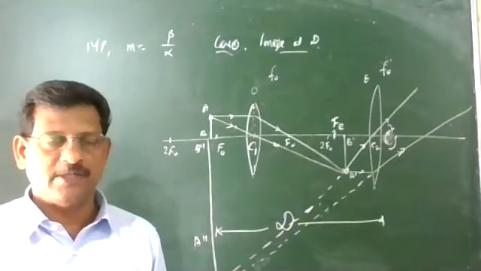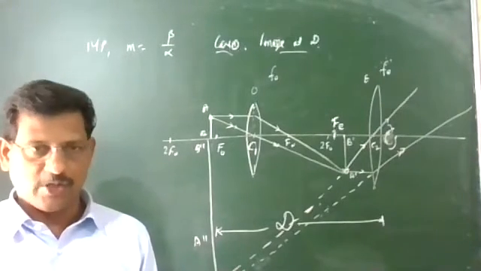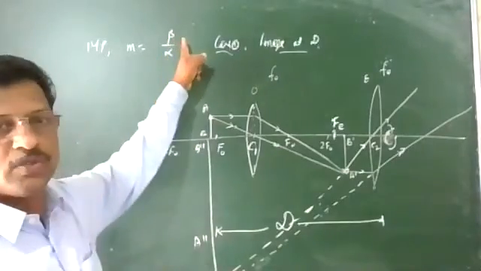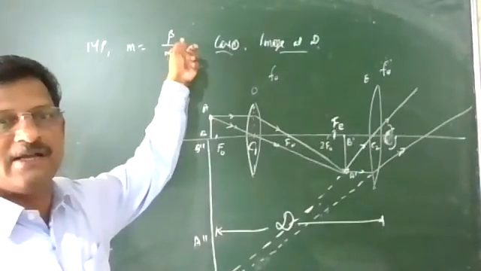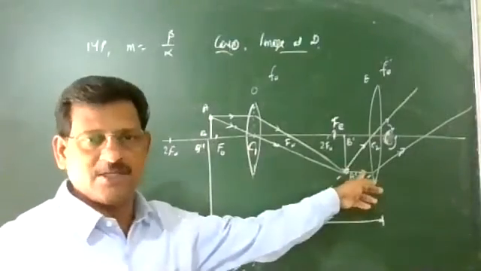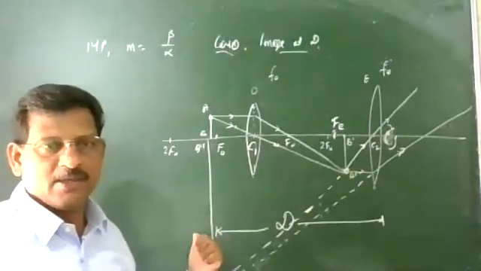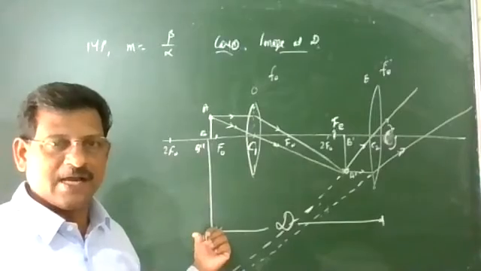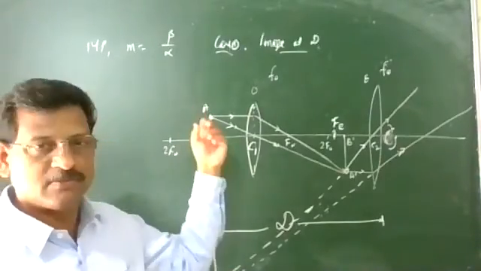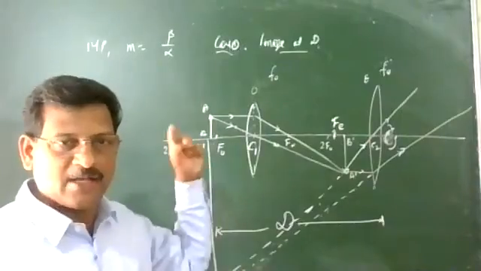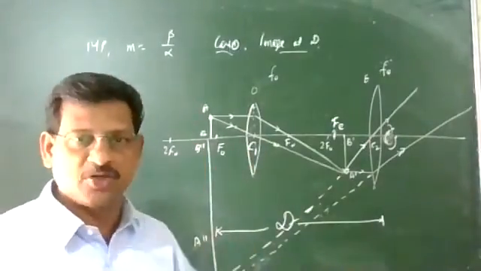But the locations of the image and object are very important. So here the image is formed at the least distance of distinct vision. I am going to define this as the angle subtended at the eye or eye lens by the image and the angle subtended by the object at the eye, when both the final image and the object are at the least distance of distinct vision.